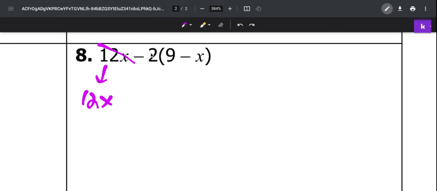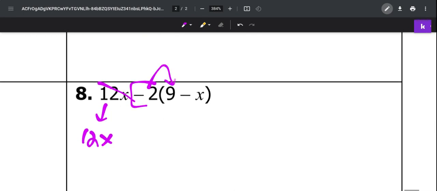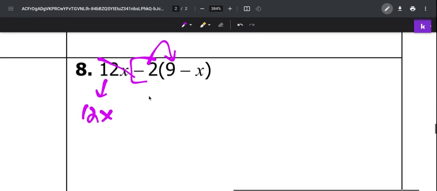Now, what we have left over, if we just mark that out, is a minus 2, but let's view that like it were negative 2. So if I view that like it's negative 2, that means I'm going to distribute a negative 2 to 9. Now, if that's a negative number as a result, I'm just going to write a minus here. If it's a positive number, once I multiply, I'll write plus here. So negative 2 times a positive 9, the signs are different, so our answer is negative. So I can just make that minus 18. All right?